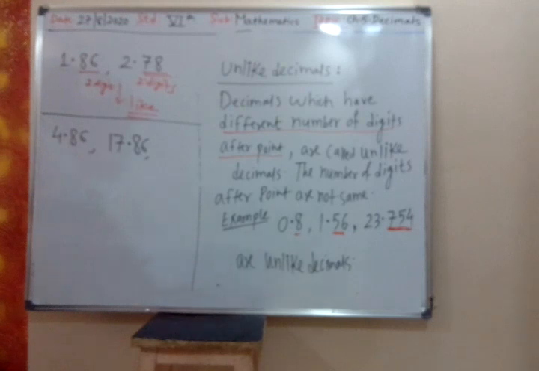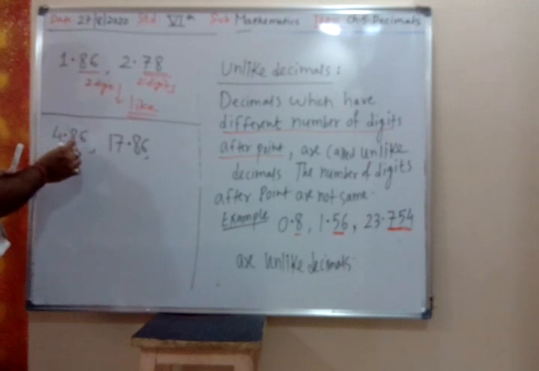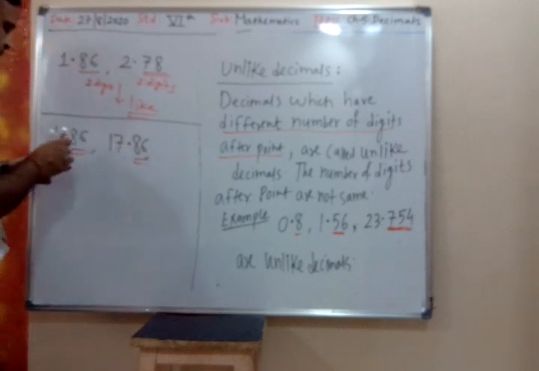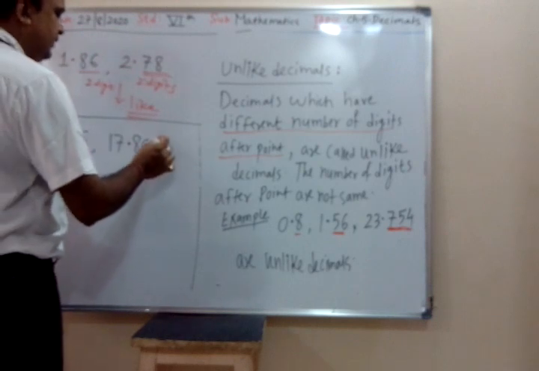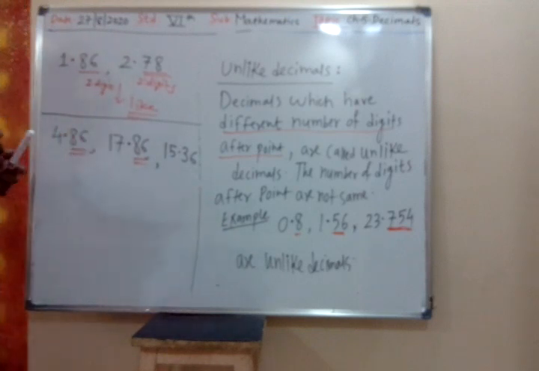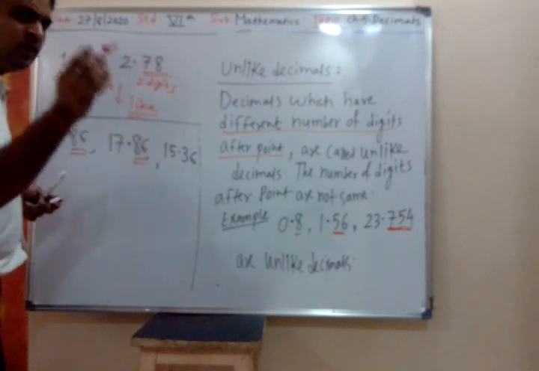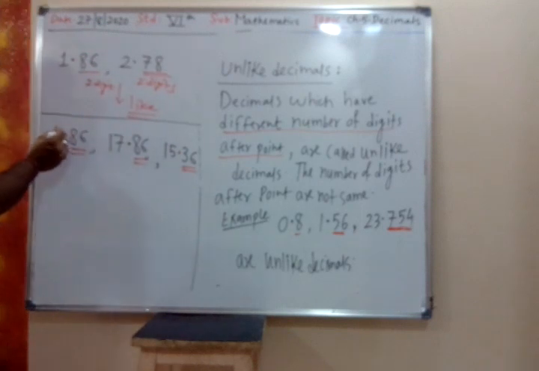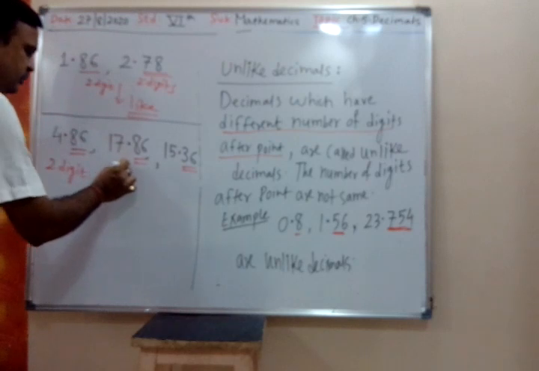See here, after the decimal, after the point, both have the same number of digits, two digits, 8 and 6. Then the next one is 15.36. Whether these are like, yes or no? It will also be like, because after the decimal there are two digits.